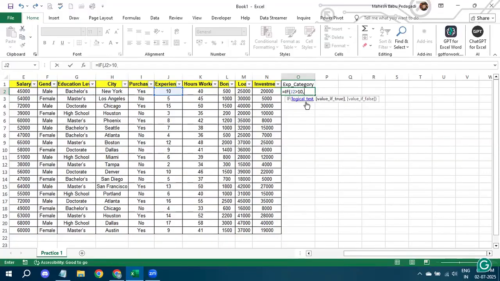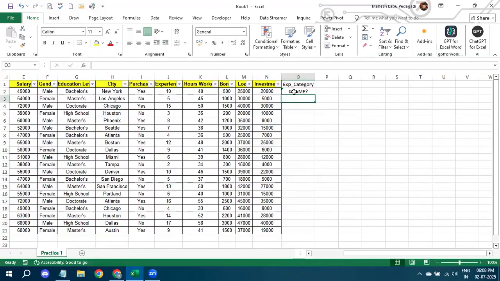See, is it grayed out now? Were you able to see the difference? Now, what if greater than 10? Senior, comma. What if other one? Junior. When I close the bracket and hit enter.